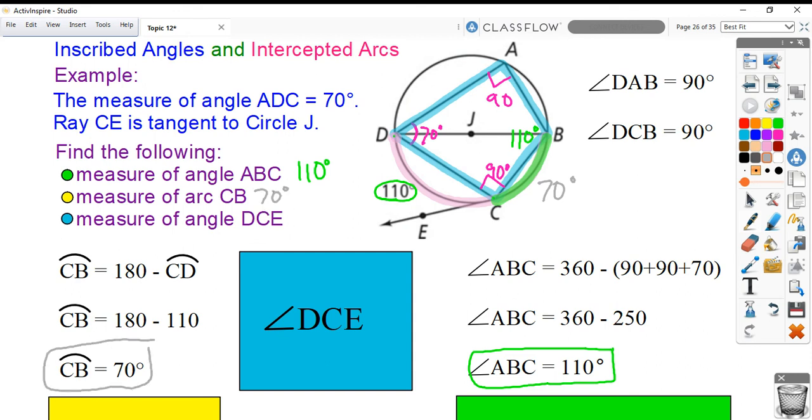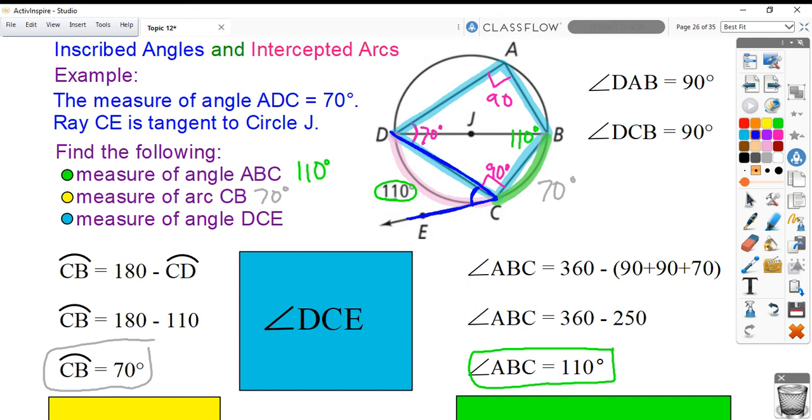Go on now to answering our last question, angle DCE. I'm going to outline the parts of that angle in a darker blue here. We're talking about this angle right in here, angle DCE. As we look at that angle, I think back to our second theorem that we had right before this slide, just a couple minutes ago.